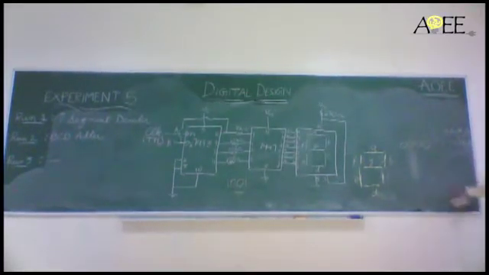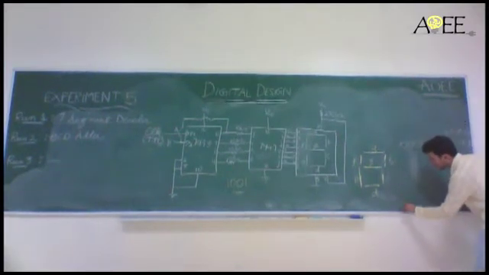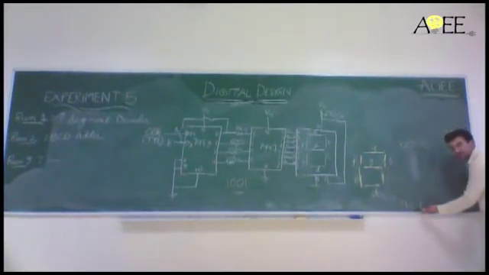So this is the logic for 0000. If it is 1, 1, 1, 1, that makes it 15.